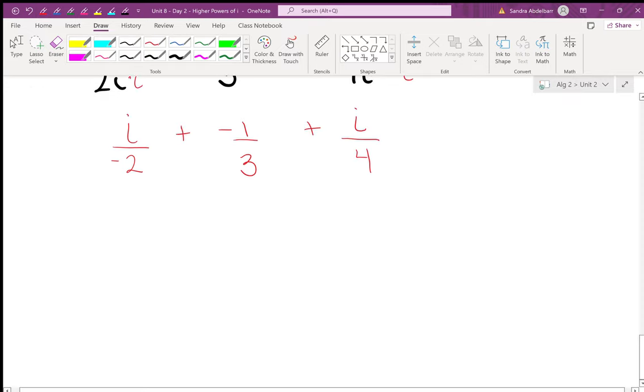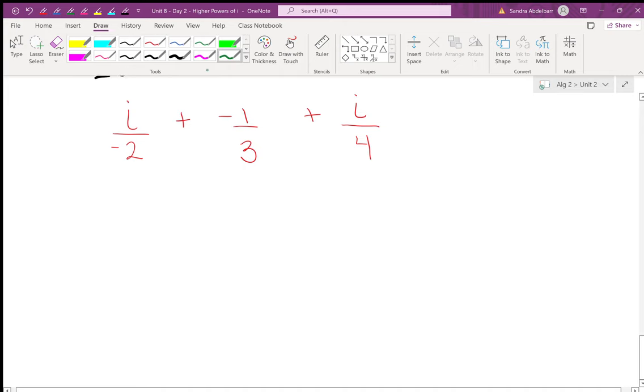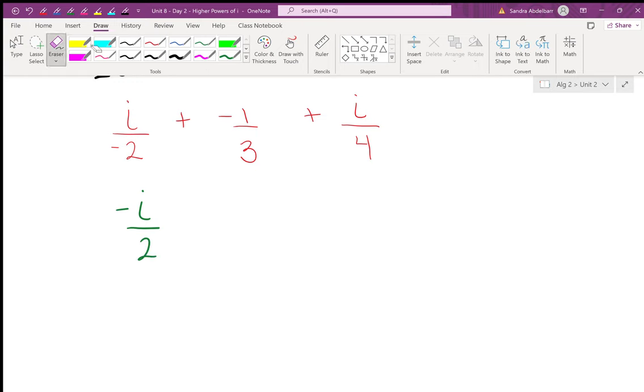Okay, so I am now going to assign all the negatives to the numerators. So I have negative i over 2 minus 1 over 3 plus i over 4. Are we now ready to make a common denominator? Absolutely. 2, 3, 4. What is the common denominator? 12.